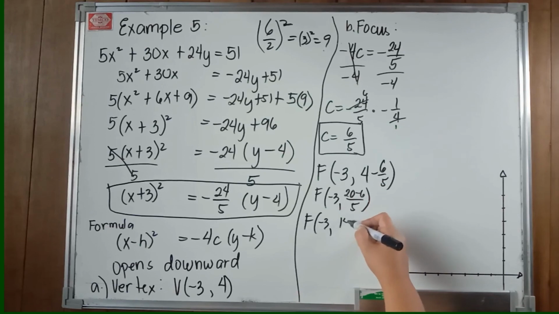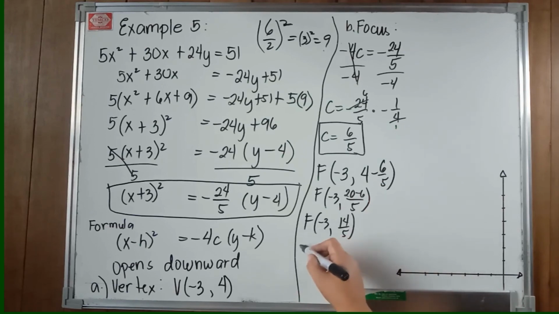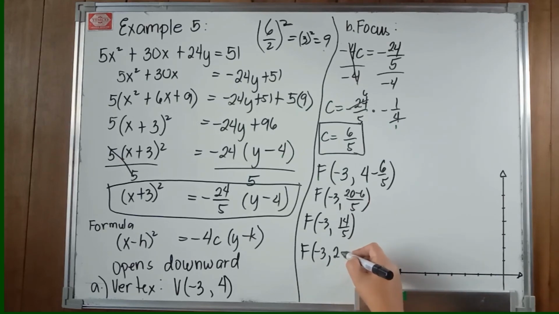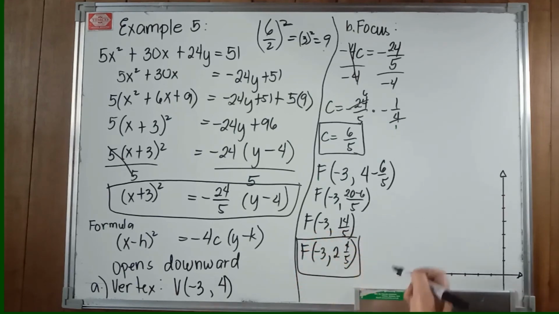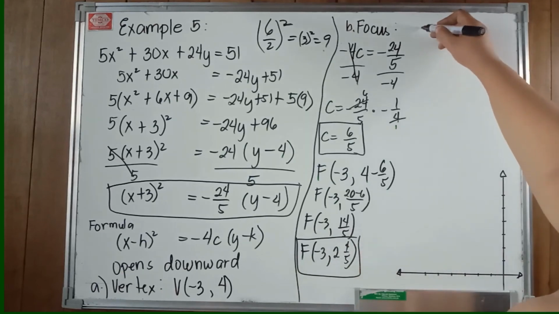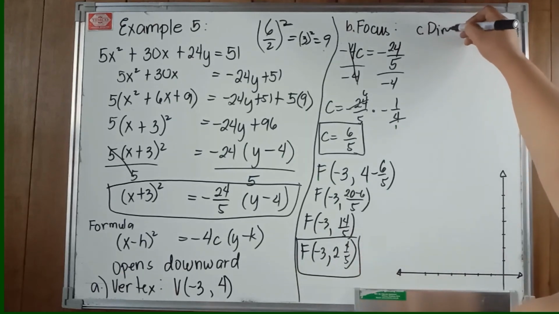So 20 minus 6 is 14 over 5. That is now our focus. So we can also write as negative 3, 14 divided by 5 is 2 and 4 over 5. So if you are not fond of improper fraction, we can convert it into a mixed number.